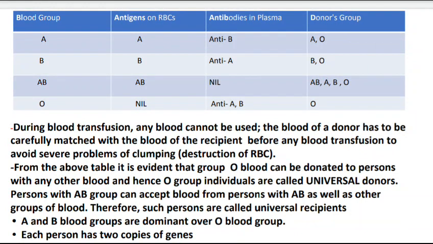So let us look at this table. Suppose an individual has blood group A, that is, the antigen on its RBC will be A, and anti-B antibody in its plasma. As anti-B antibody is present in his or her plasma, a person with blood type A and O only can donate to that individual.